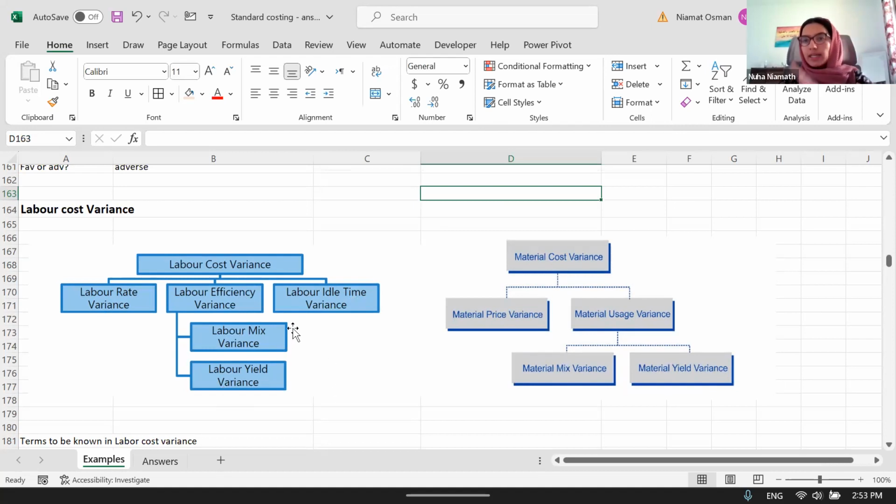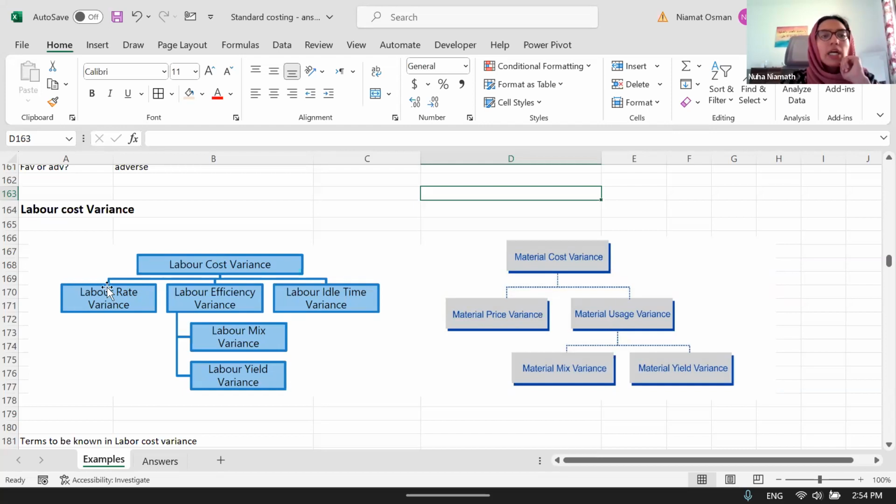So giving you a direct comparison, material cost variance and labor cost variance, same concept, rate minus quantity. But over here, instead of output and input units, we have hours because it's labor. So we will use hours instead of quantity. Instead of SQ, it will become SH, which is our hours. And instead of AQ, it will become AH, which is our actual hours.